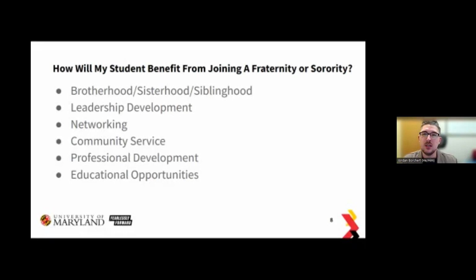They're going to have the opportunity to give back, whether that is cleaning up a yard or a river, or going to a food bank or an animal shelter or something completely different. The fraternities and sororities will plan opportunities for the students in their organizations to give back and get some of that community service.